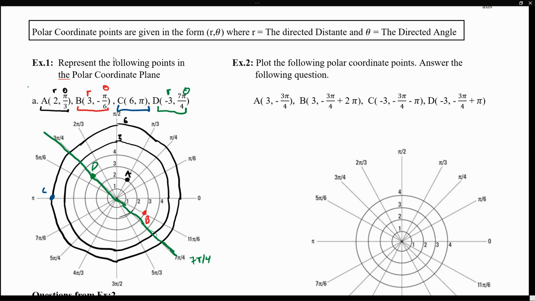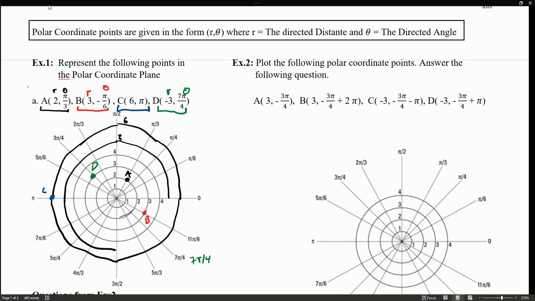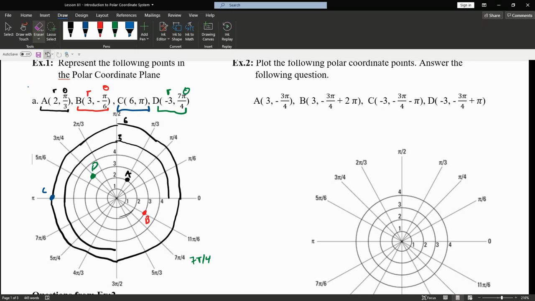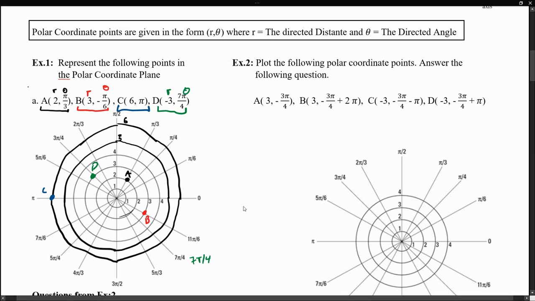I'm actually going 1, 2, 3 units away from 7 pi over 4. And now let me just erase this line because it's not really needed. So there it is. These are the locations of those 3 coordinate points.